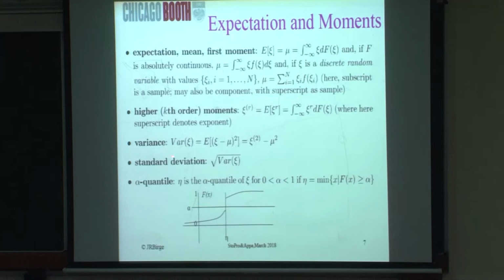And then we have central moments, which are the powers of the random variable minus its mean. So the variance is the second central moment. It's the expectation of the square of the variable minus its mean, or the second moment minus the mean squared. Standard deviation is the square root of the variance.